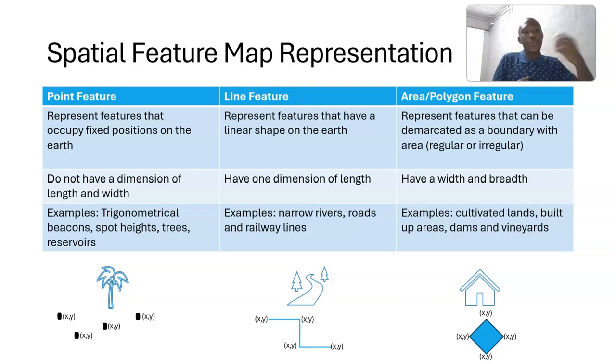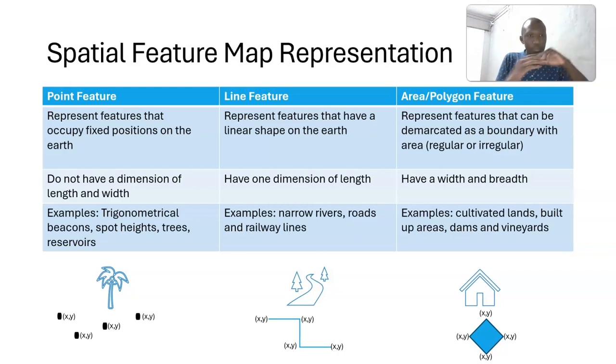So with points, that's where we look at features that occupy a fixed position on the Earth's surface. That would be things like trees, trig beacons, spot heights, and reservoirs. It can be anything that just occupies one fixed position and only has one XY coordinate.